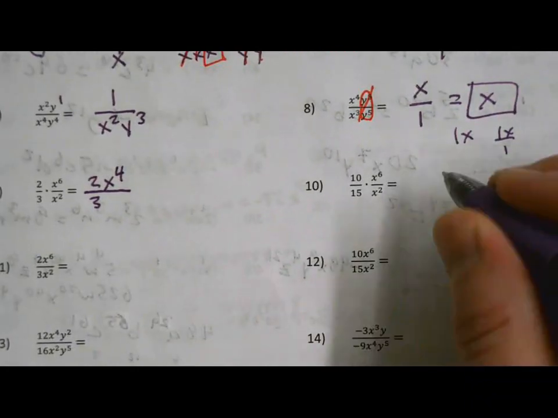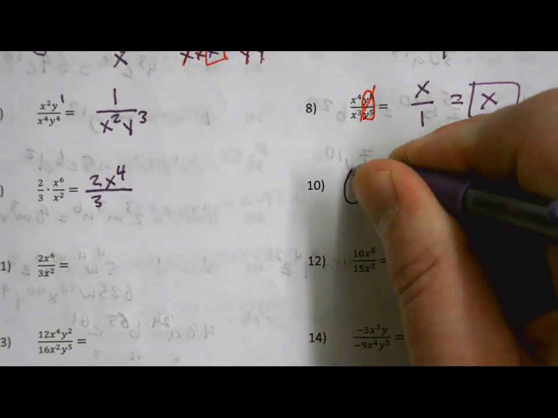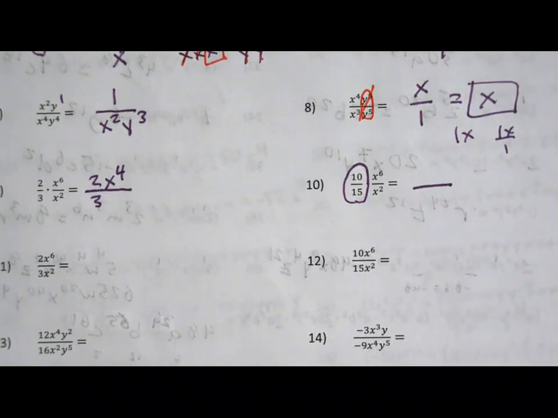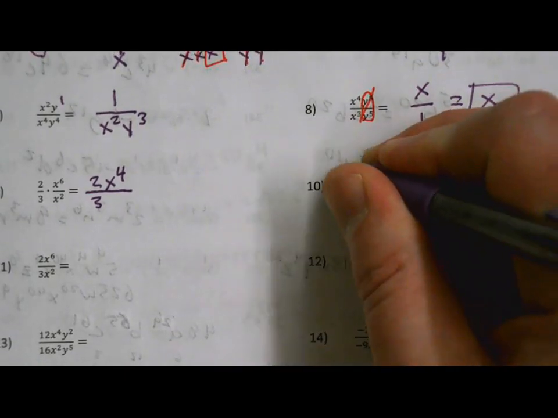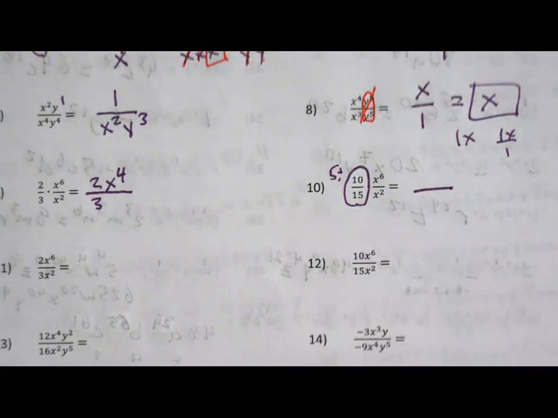So if we have a fraction, we just include it as part of our answer. The only time we have to change the fraction is if it simplifies. Is there a way to simplify 10 and 15? What can we divide both of those by? We can divide them both by 5, right? So what is 10 divided by 5 and 15 divided by 5?